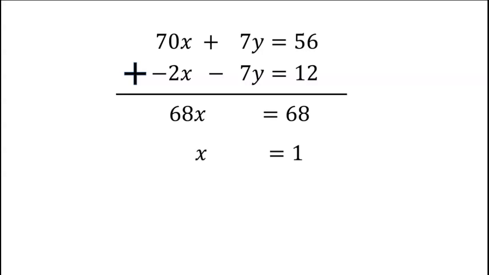Solving for x, we get x is 1. Now we can take that x equals 1 and plug it back into either of the first two equations and solve for y. And we will get y equals negative 2. Writing it as an ordered pair, we have 1, negative 2 as our answer.